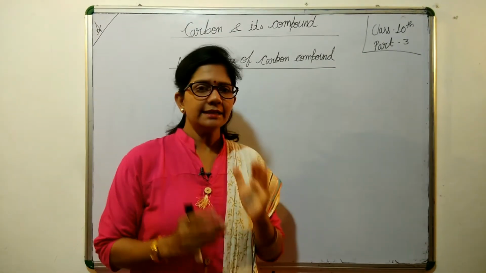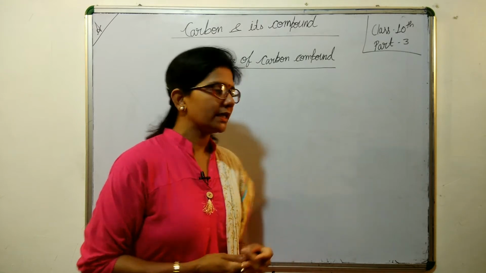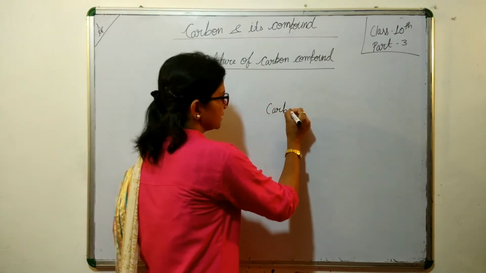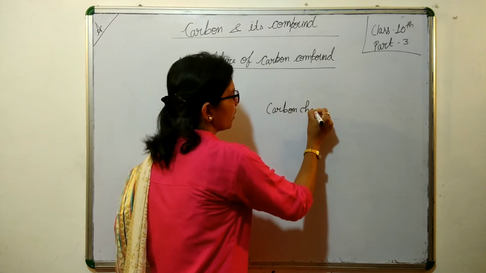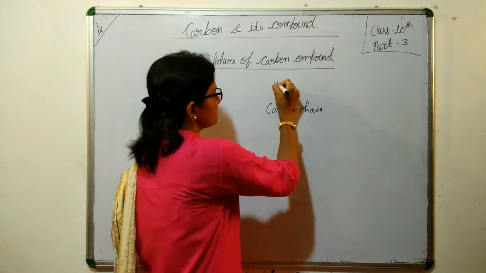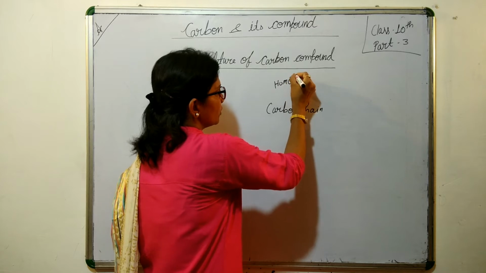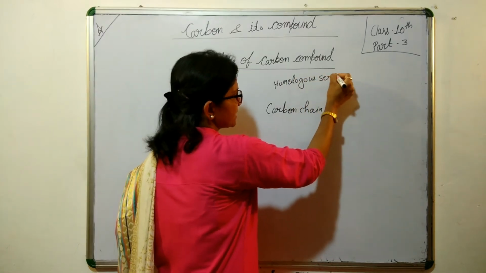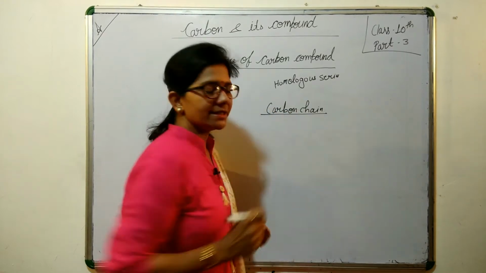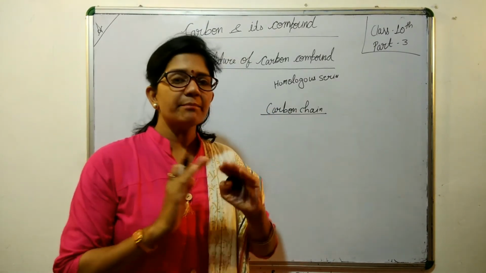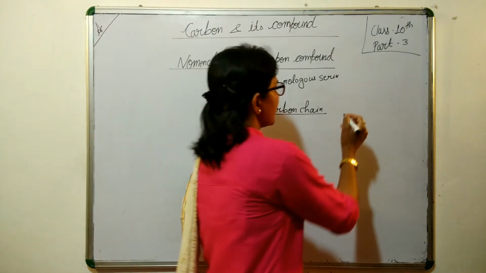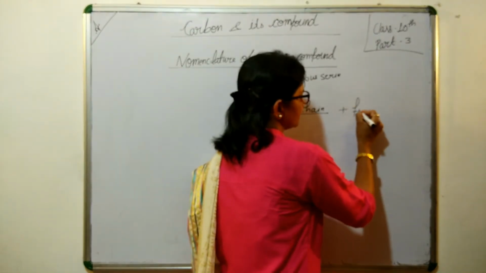We know in a carbon compound usually there is a carbon chain, or we know the homologous series. We have seen the homologous series in our previous classes. The carbon chain basically makes the skeleton of the whole carbon compound, and then the functional group.